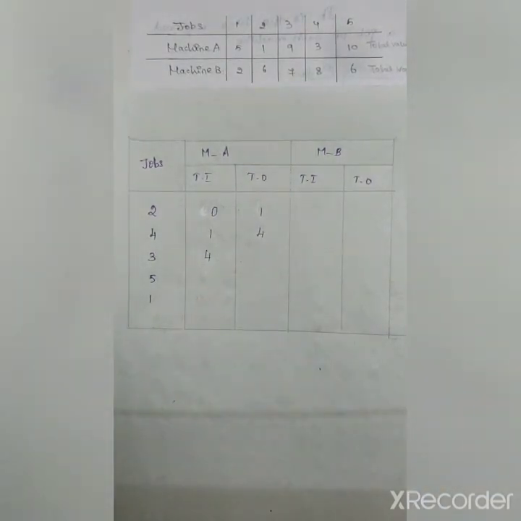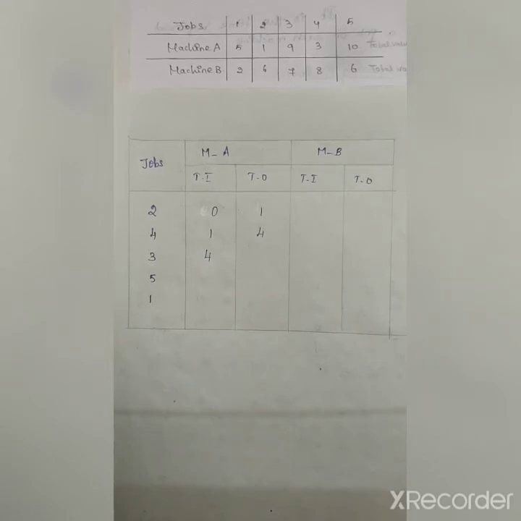This should be clear, because we have only machine A and machine B, and in each machine 5 jobs should appear. In machine A, the first job is the second one, finished in 1 hour.